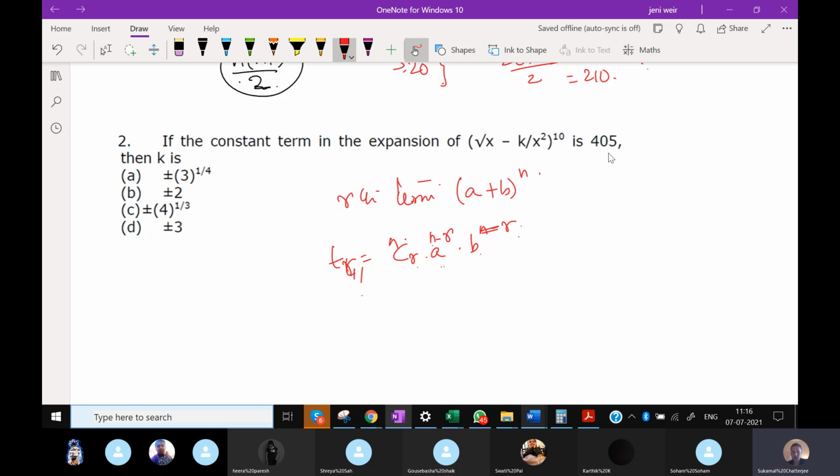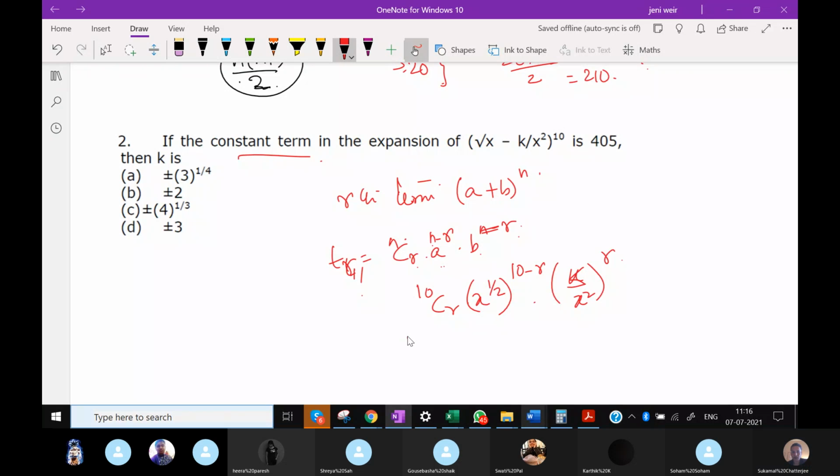So here we are looking for the constant term, right? So the r plus 1th term would be 10Cr into x to the power half to the power 10 minus r into k by x square to the power r.